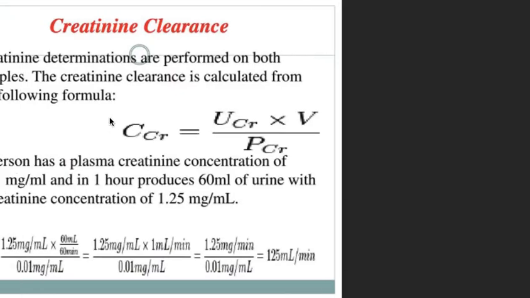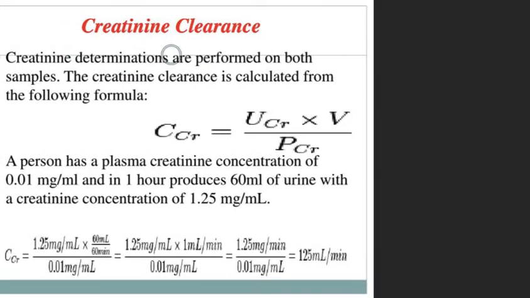Creatinine clearance is done by this formula, where CLCR or CCR is the creatinine clearance in milliliter per minute, and UCR is the concentration of creatinine in urine, and this V, or some people write it as U, is the urine flow rate, and P is the concentration of creatinine in plasma.